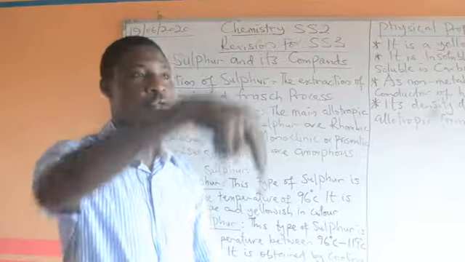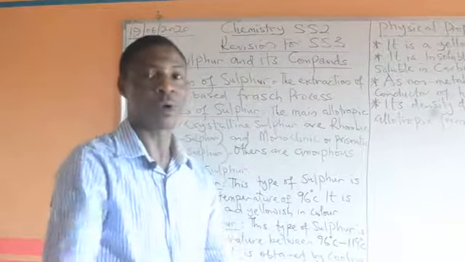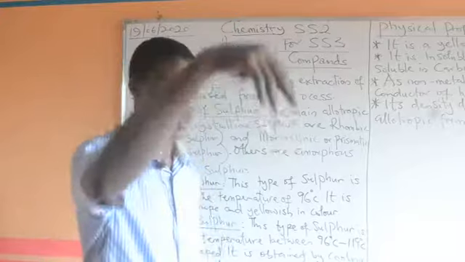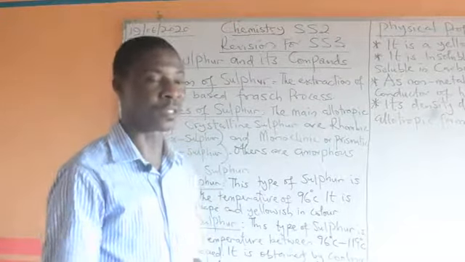You take a very long pipe down to the earth crust until it finally gets to the sulfur bed.